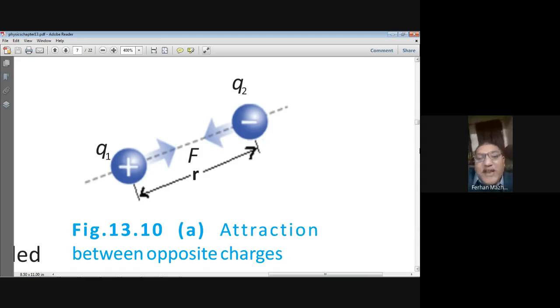If you increase the distance between the charged bodies, the force will decrease. If you decrease the distance, the force will increase. If the charged bodies are close to each other, the force will be stronger. If they move away from each other, the force between them will become weaker. F is inversely proportional to the square of the distance between their centers.